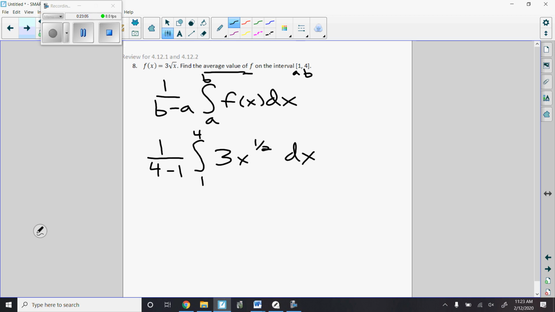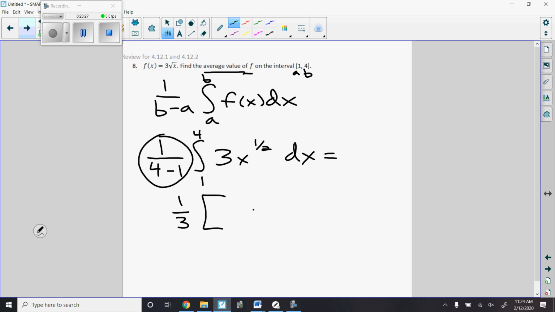Now, this 1/3 that's out front, I do not want to forget about that throughout this whole problem. Every time I'm rewriting this and solving this thing, the first thing I'm going to do is write that 1/3 so I don't forget about it. Okay? So now it's ready to do the antiderivative. So I'm going to say 1/3 bracket.